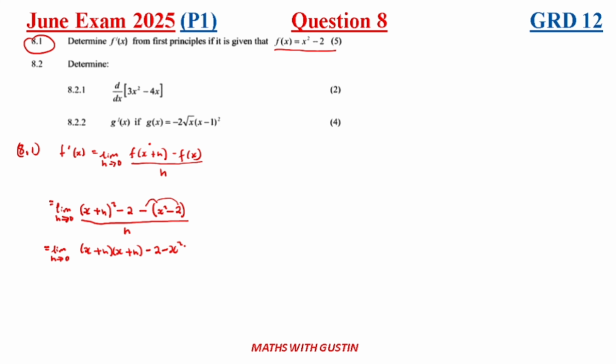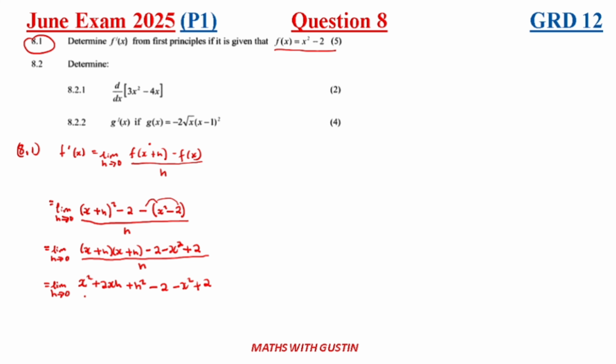Negative x squared, negative times negative 2 is positive 2, all over h. Limit as h approaches 0. Here we can multiply the binomial to remove the brackets. It is going to be x squared plus 2xh plus h squared, then minus 2. Then you've got a minus there, minus x squared plus 2.